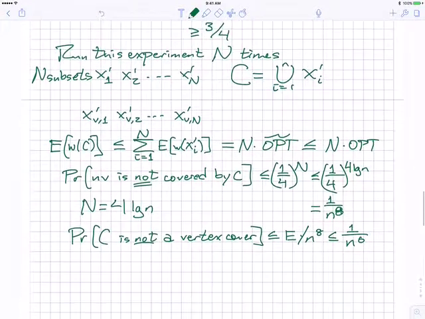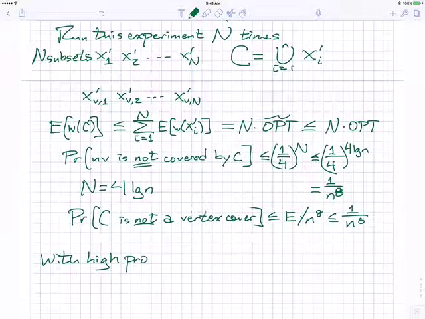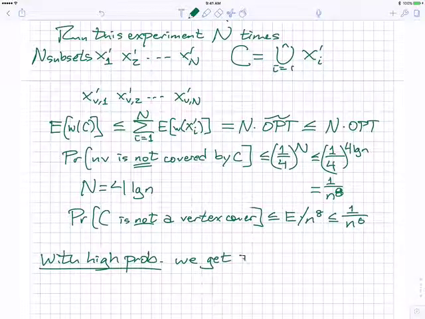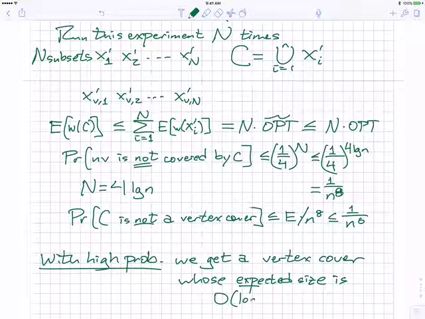So in other words, with high probability, we get a vertex cover whose expected size is big O of log n times opt.